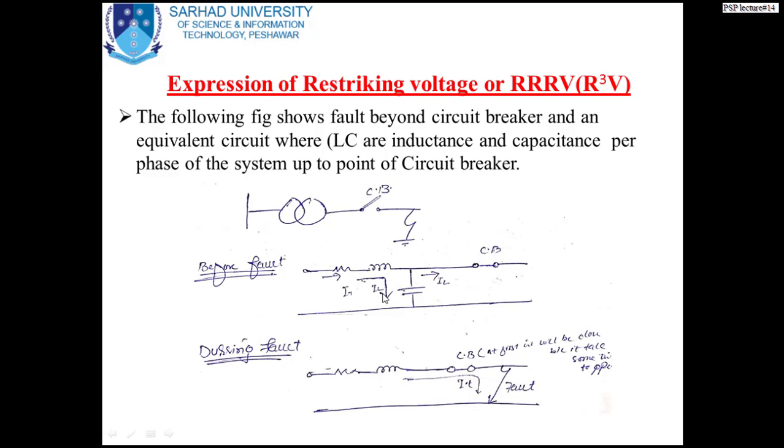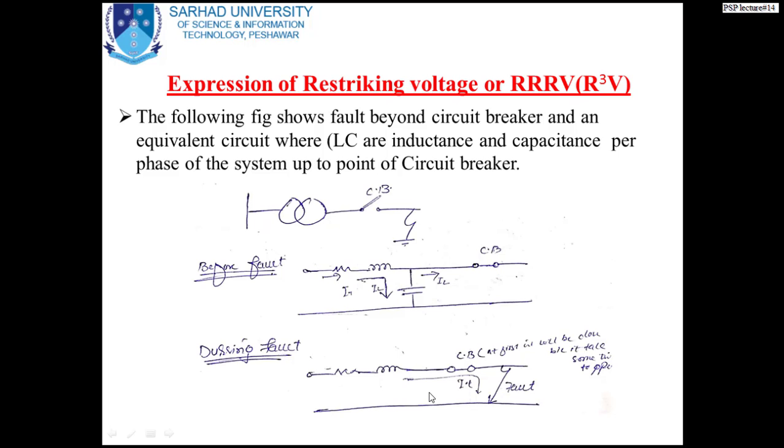Let's say, for example, a fault occurs beyond the circuit breaker. Just when the fault occurs, the capacitor shown in the previous figure is shunted, so there will be no current flowing in the capacitor. The capacitor current will become zero because we have zero parallel impedance.